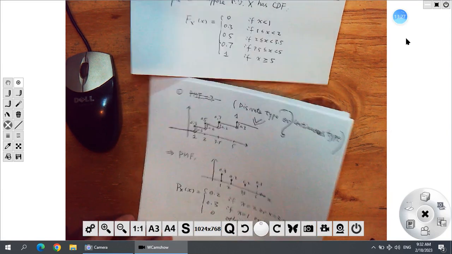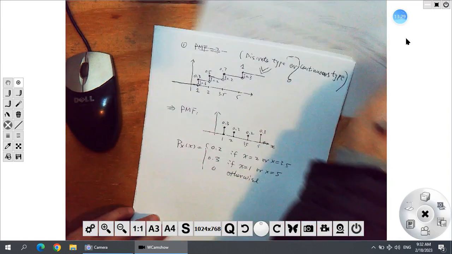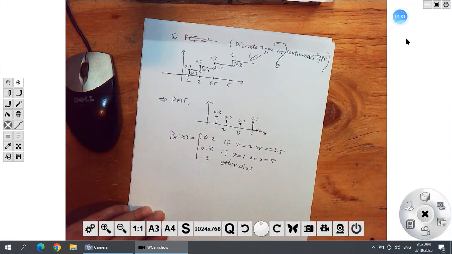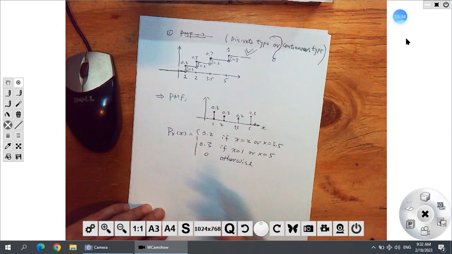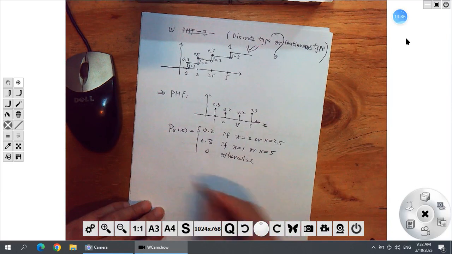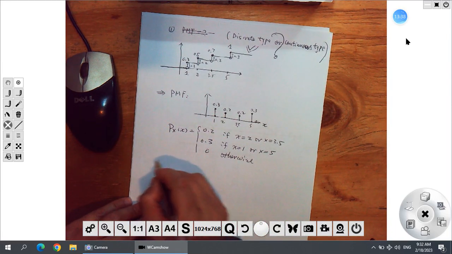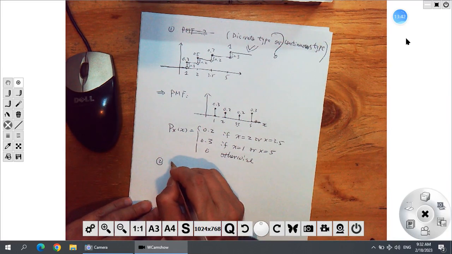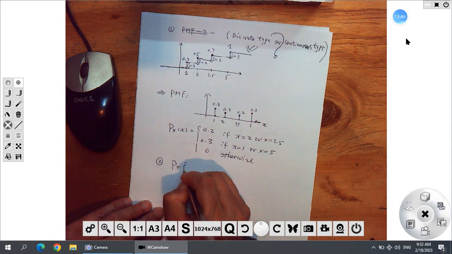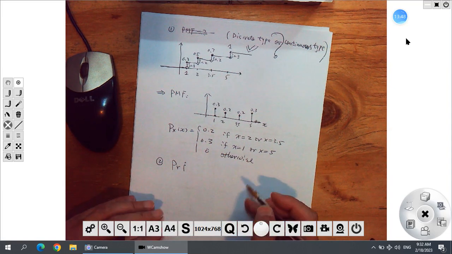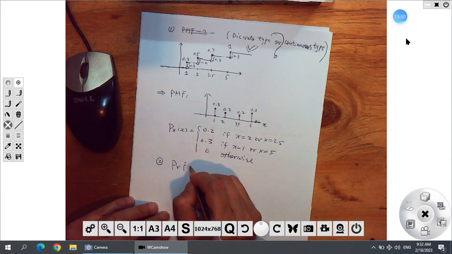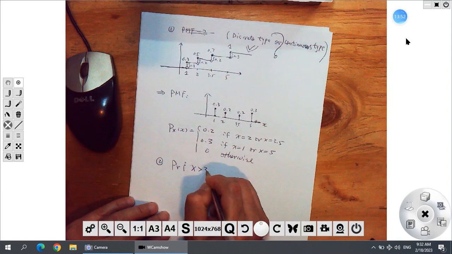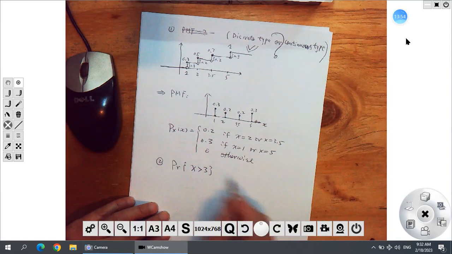Alright, after we have this, then we can have almost everything about this random variable. For example, we can find the probability of, say, X larger than 3. Right, this is an event. Capital X larger than 3, it will be what?